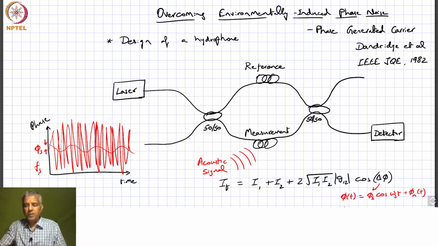Now, of course, it is not something completely new to us. When we were looking at amplitude modulated sensors or intensity modulated sensors, we were typically dealing with a noise term n of t over here, okay. Remember, instead of phase we were picking up amplitude or intensity of the light, and so we were looking at the intensity noise, okay.